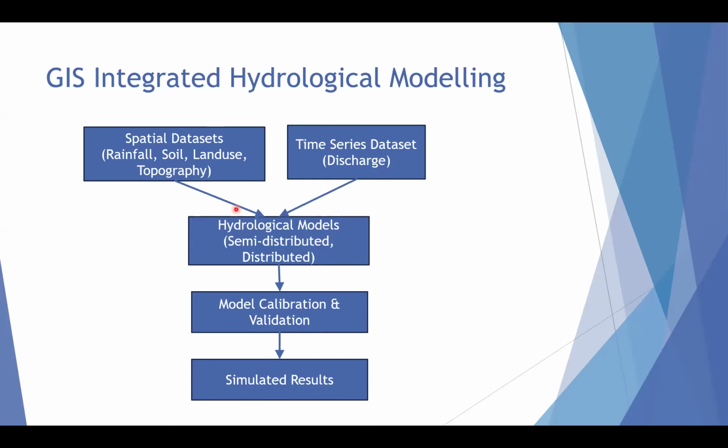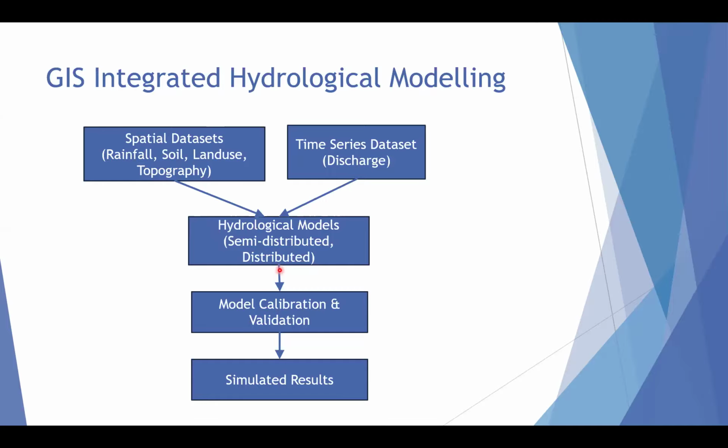So based on that, you may see whether you are using a spatially distributed rainfall, or you are just using one average rainfall with temporal distribution. So it depends on the model type. Okay. So anyhow, using this, you can use hydrological models which can be semi-distributed or distributed.